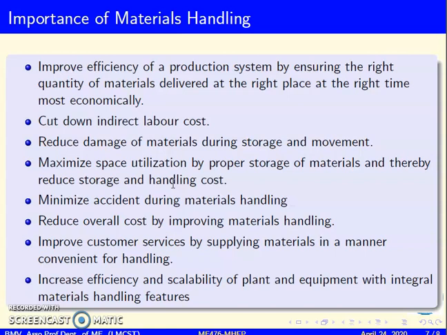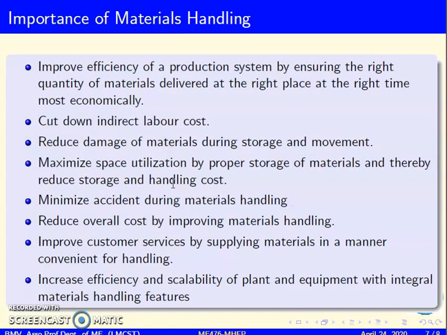The distance traveled by the material will sometimes be high, which means the semi-finished product will not reach the next workstation at the right time. So there will be idle time, both machine idle time and manpower, that is labor, idle time.